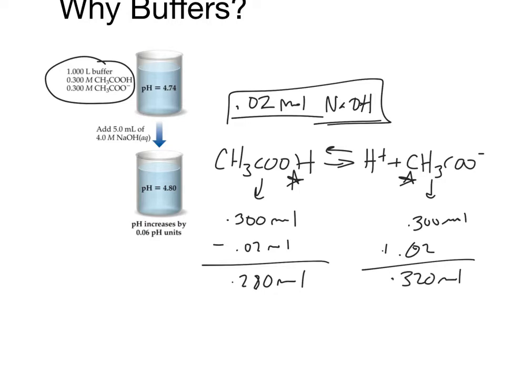Thinking about it a different way, the base comes in and soaks up some of the acid. The acid gets converted to conjugate base. So my concentration of acid goes down, my concentration of base goes up, but my new solution will be, once again, 1.005 liters.